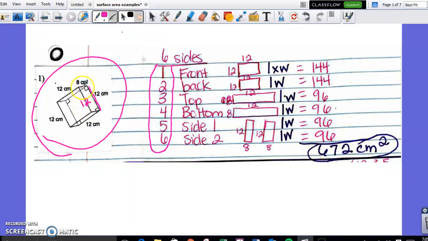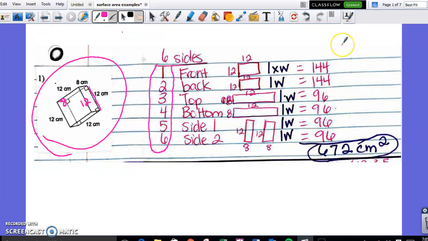Also, if this little thing is 8, then you could go ahead and write in an 8 here. And then that might just help you to keep the measurements together. So the front is 144, the back is 144, the top is a 12 by 8, which is 96, so is the bottom. And then I put side 1 and side 2.